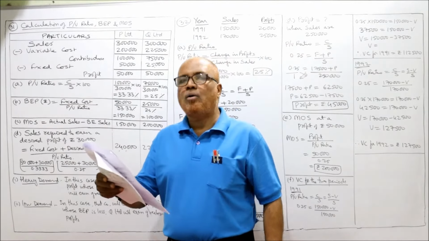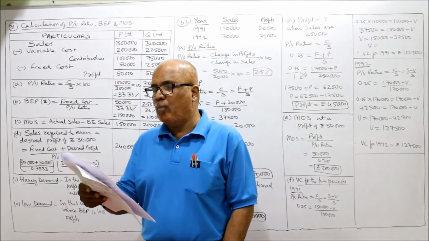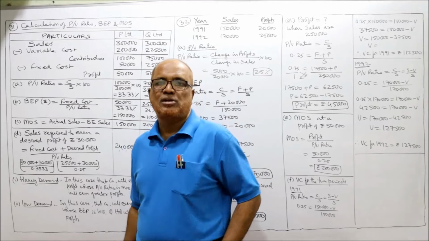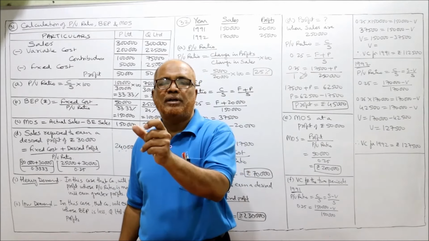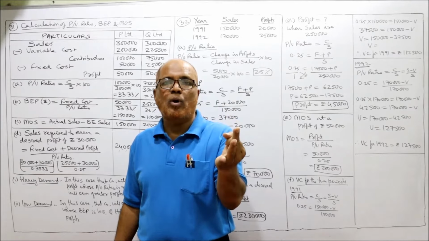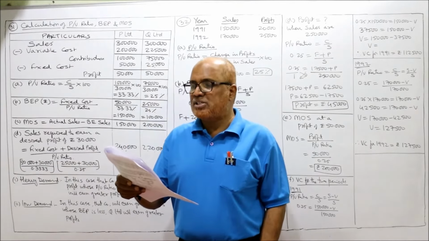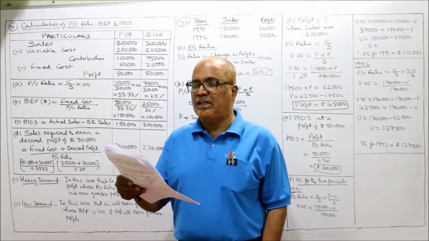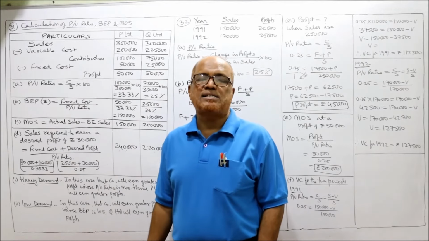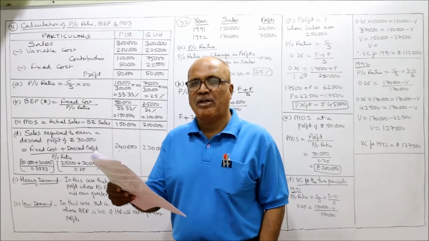And you are required to calculate PV ratio, BEP and MOS for each business. For P Limited and Q Limited, we have to calculate PV ratio, BEP and MOS. Second, sales at which each business will earn a profit of 30,000. What is the sales? Sales required to earn a desired profit of 30,000.